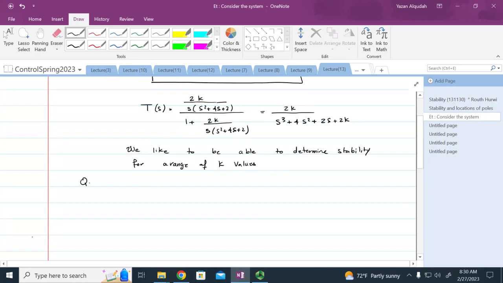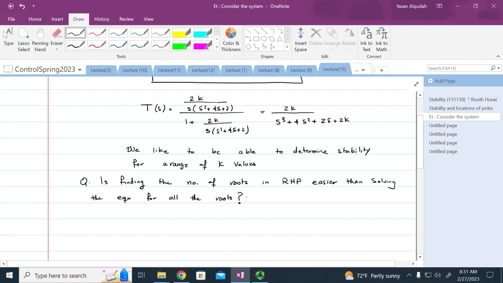So then we're going to ask a question: is finding the number of roots in the right half plane easier than solving the equation for all the roots? What does this mean?